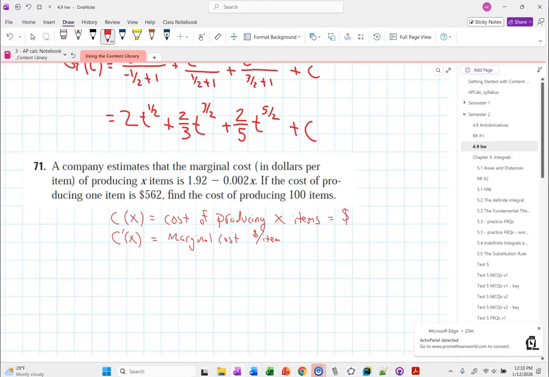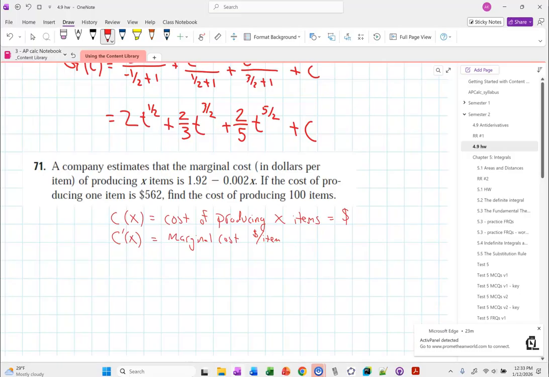So that's the cost for a specific unit. The derivative is going to be a function that gives you the cost, because the cost is going to change depending on how many units you're making, right?